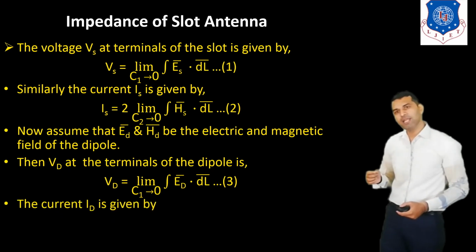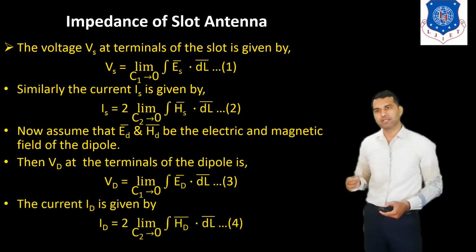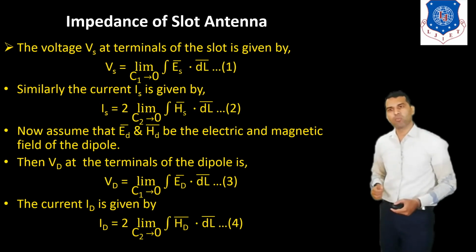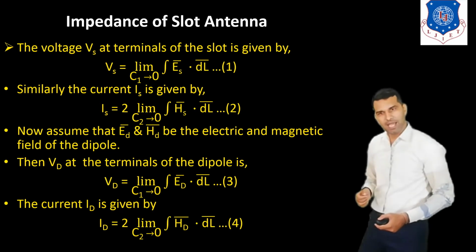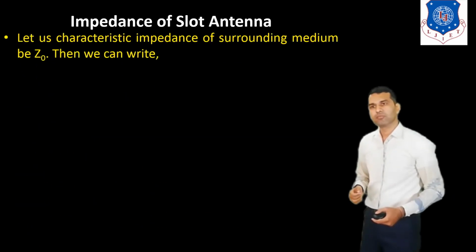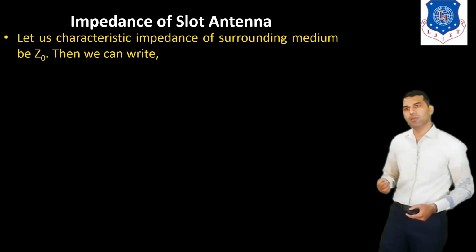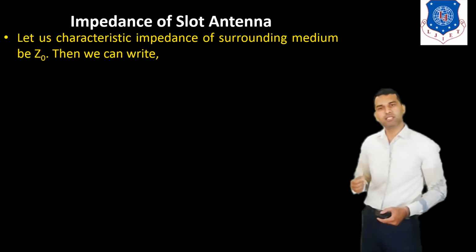Then the current Id we can write as Id is equal to 2 times the limit as C2 tends to 0 of the integral of Hd dot dl. Let the characteristic impedance of the surrounding medium be Z0.